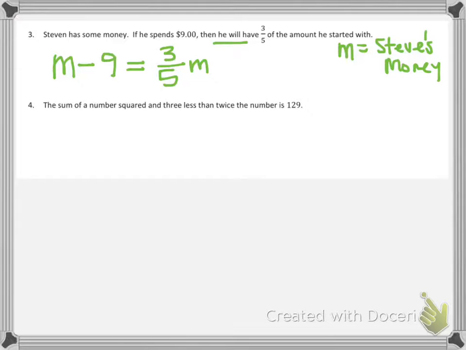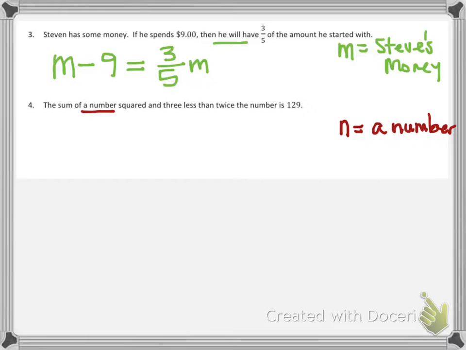Okay. Next one, the sum of a number. What number? I don't know. That's my variable. We'll call it N. N equals a number. All right, so there we've defined our variable. Sum means addition. That's the answer to an addition problem.